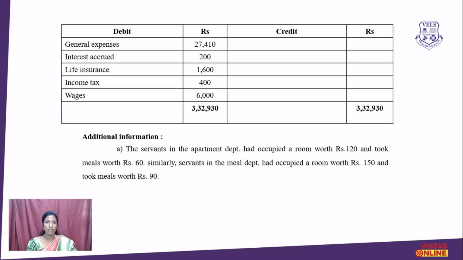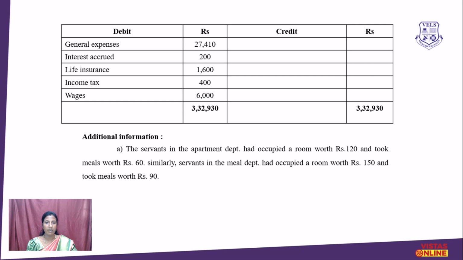Debit side: general expenses 27,410, interest accrued 200, life insurance 1,600, income tax 400, wages 6,000. The debit and credit totals are 3,32,930. Additional information is also included in this problem.